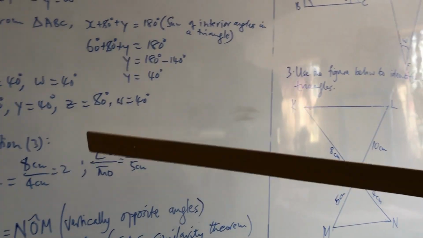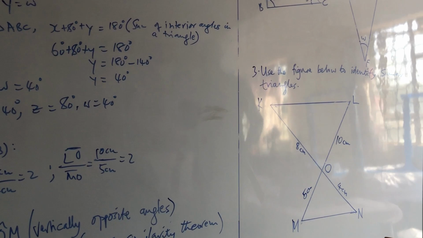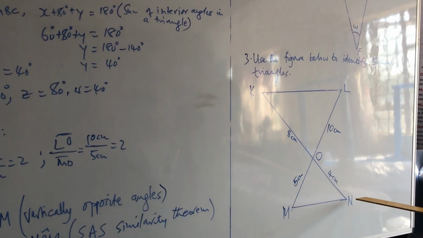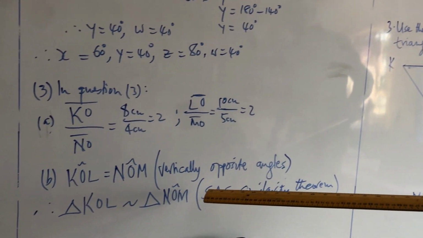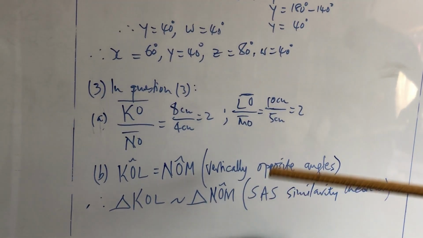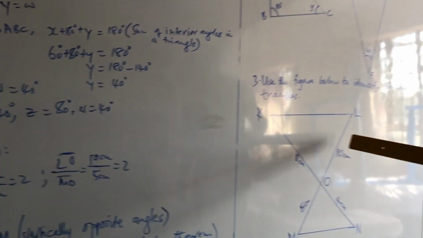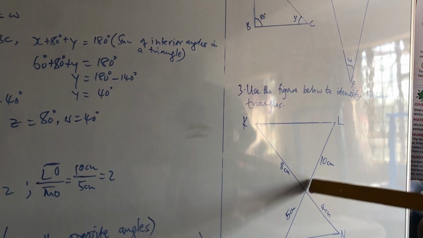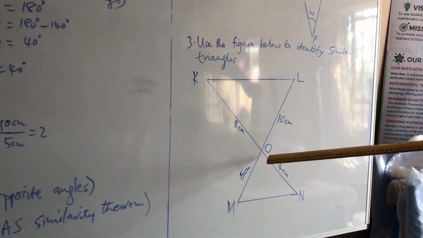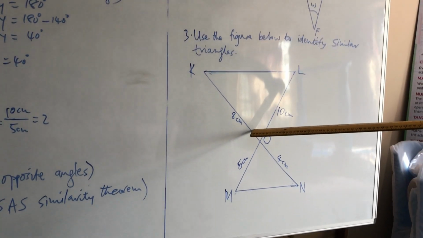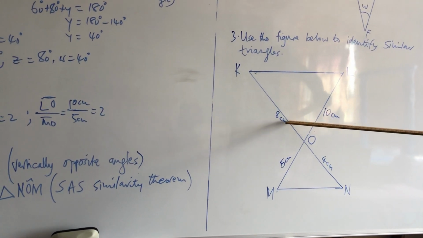Then, from these facts here, triangle KOL should be similar to triangle NOM for the reasons that for the side angle side similarity theorem, we have the ratio of these two sides, and the angle in between the given sides, the included angles, they are vertically opposite and they are equal.